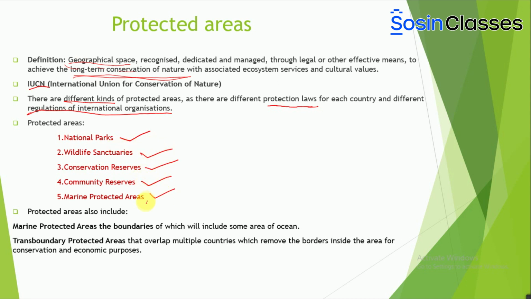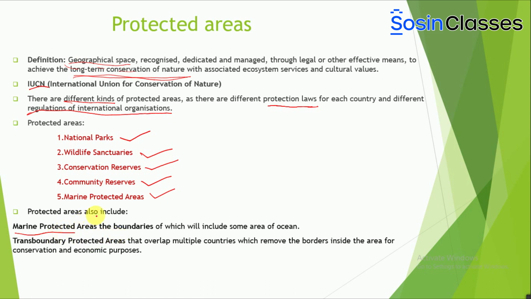These 5 are the major protected areas which IUCN declares or defines. Apart from these, there are 2 other major areas which come under protected areas. They are marine protected areas and transboundary protected areas. What are marine protected areas?